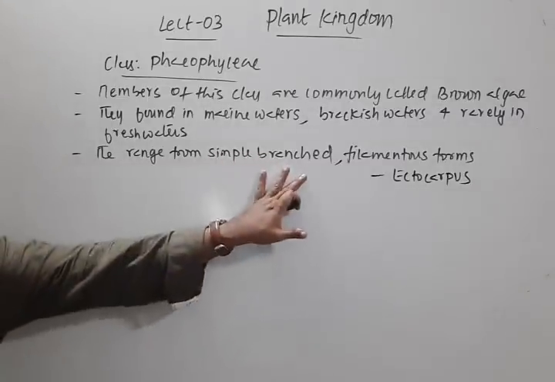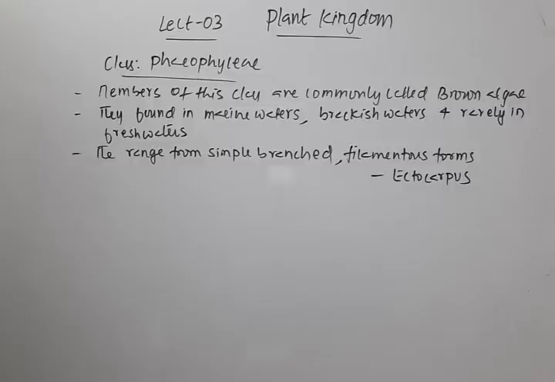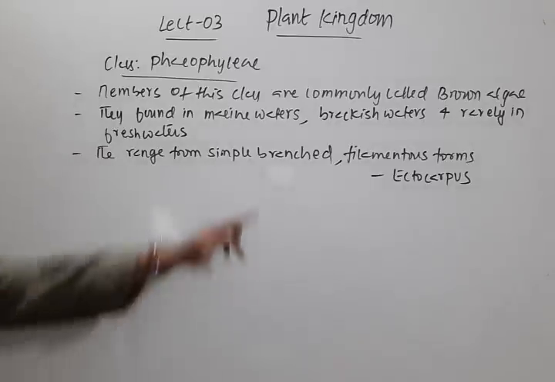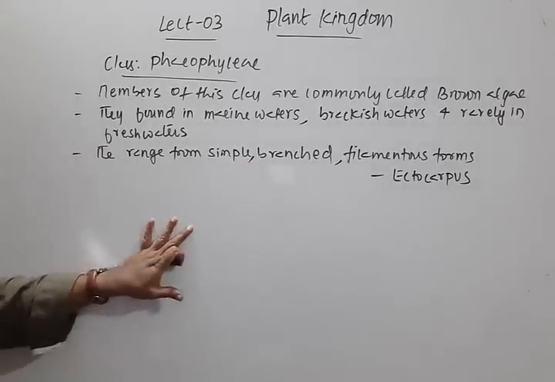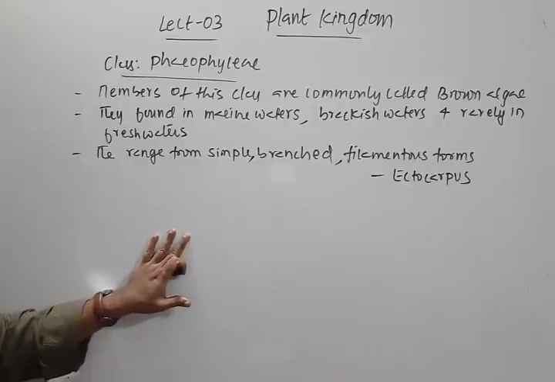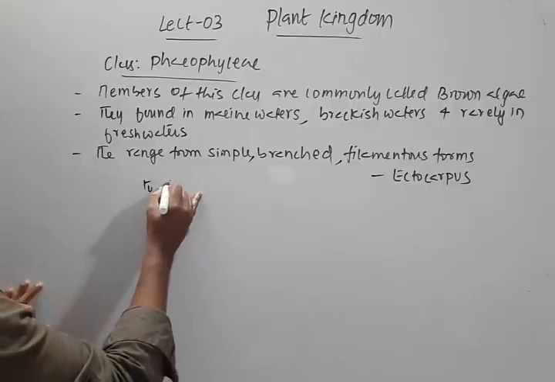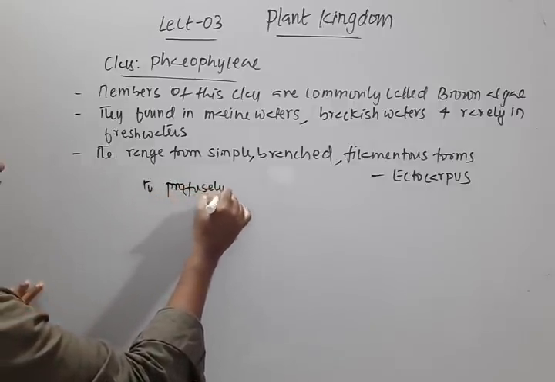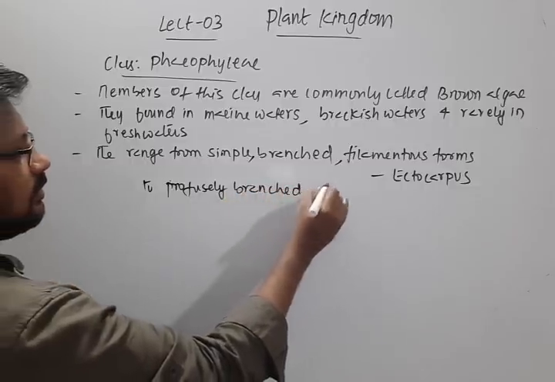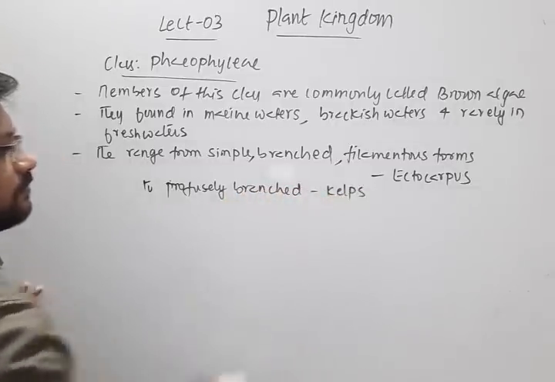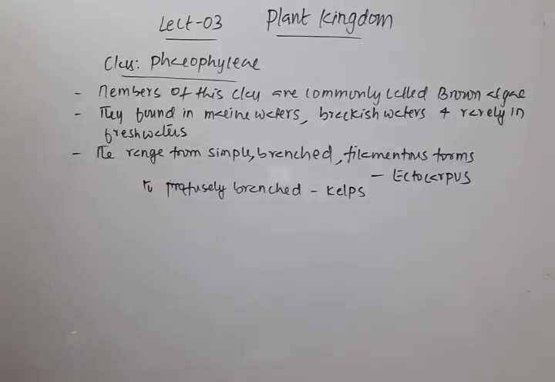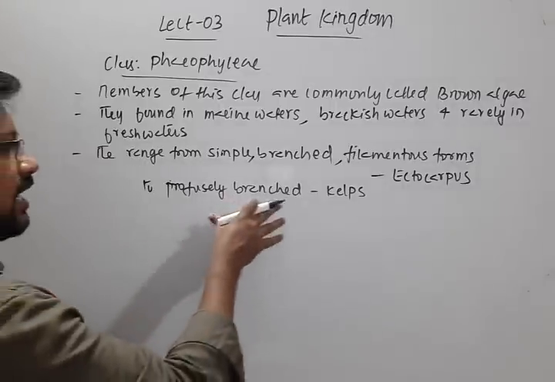Ectocarpus is a simple, branched filamentous form. Profusely branched means very much branched, and these kelps are very, very big.